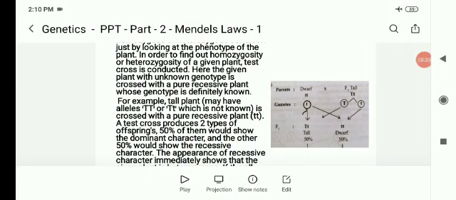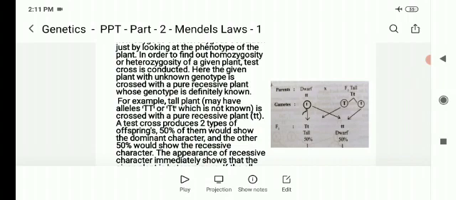Here, the given plant with unknown genotype is crossed with a pure recessive plant whose genotype is definitely known.